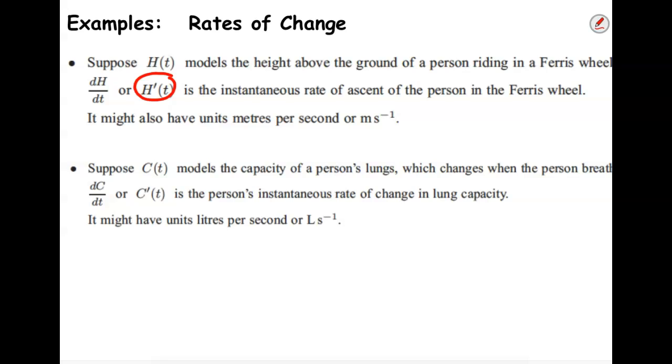Next example, the function C(t) models the capacity of a person's lungs as they breathe. The derivative function might model the person's instantaneous rate of change in lung capacity. So their unit of measure might be liters per second.